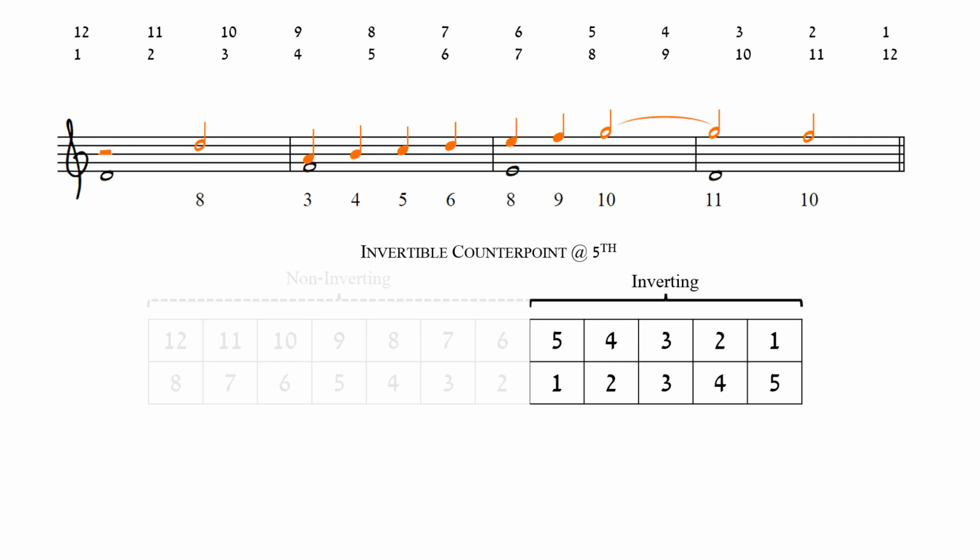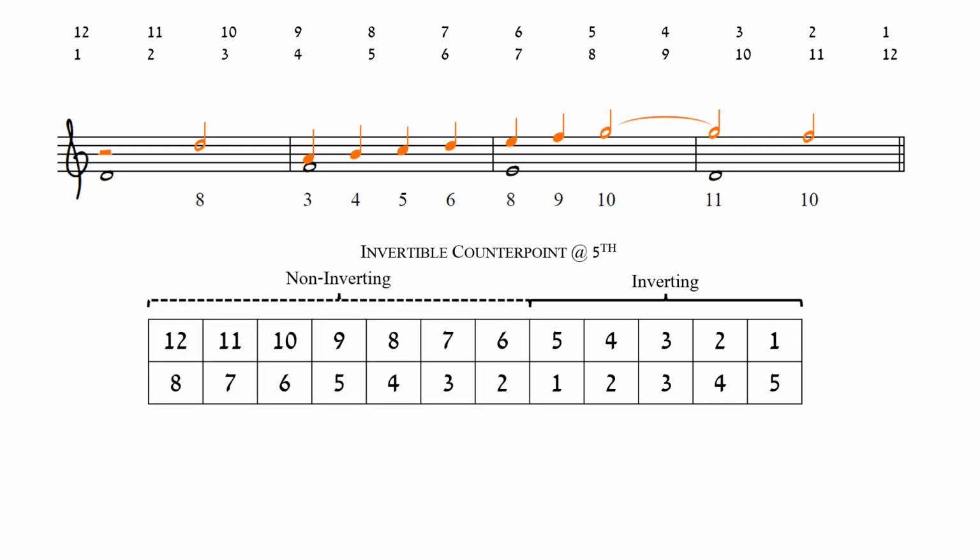But for any interval larger than a fifth, transposing the upper voice down a fifth or the lower voice up a fifth will not result in the voices crossing over one another, and the intervals will not actually invert. Instead, for this non-inverting area of the chart, the intervals will change into the octave complements of the equivalent intervals of the chart for invertible counterpoint at the 12th.